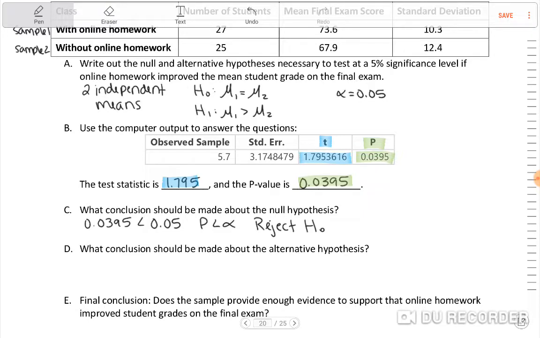Reject the null. What conclusion? I guess that's all we need to state there. What conclusion should be made about the alternative hypothesis? We will support the alternative hypothesis. Or I guess I could say, I'm just going to say support H1 alternative hypothesis.